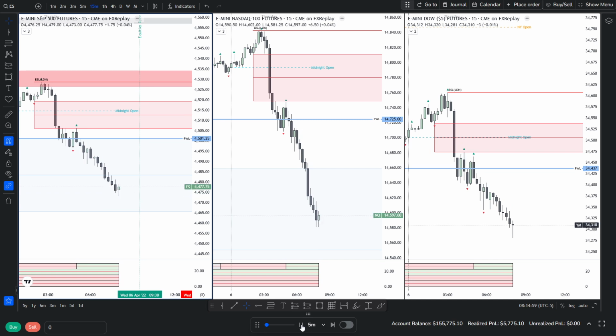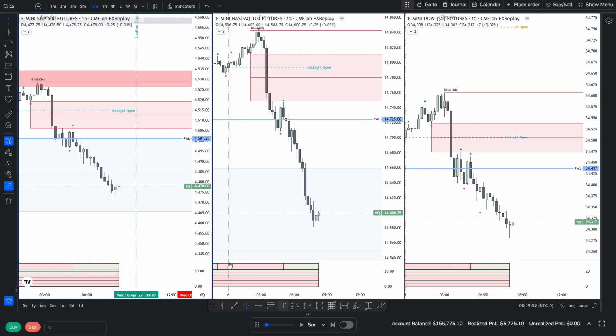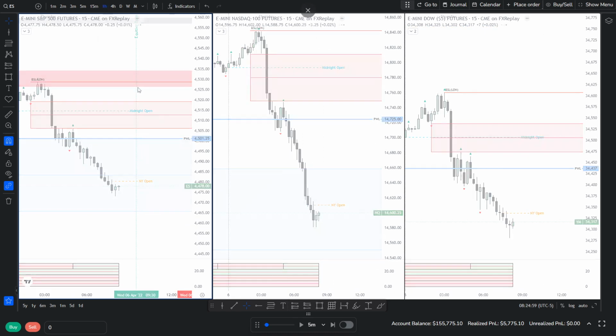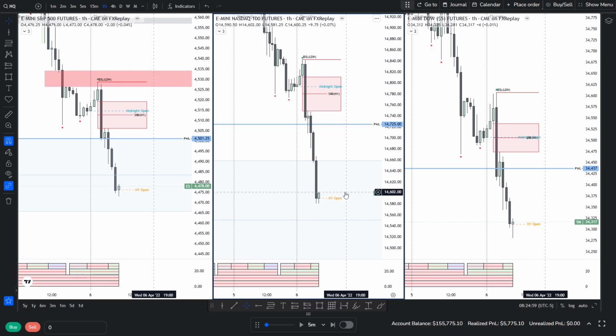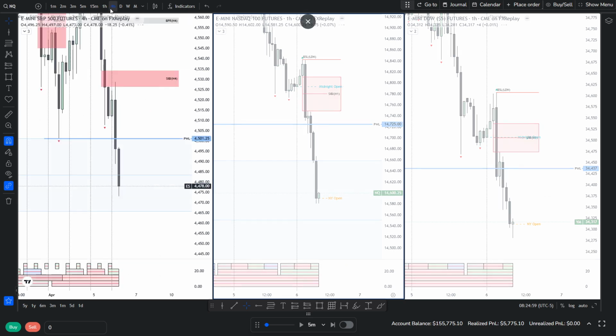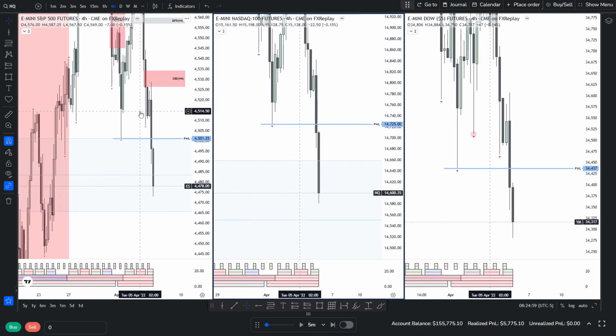So this is not ideal. Let's go to the hourly. No, market is certainly bearish. That candle there, there's no imbalance, no overlapping imbalance. So just go out to the 4 hours, see if there's anything to note.